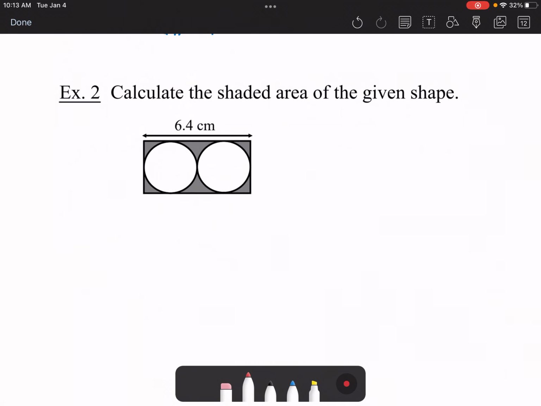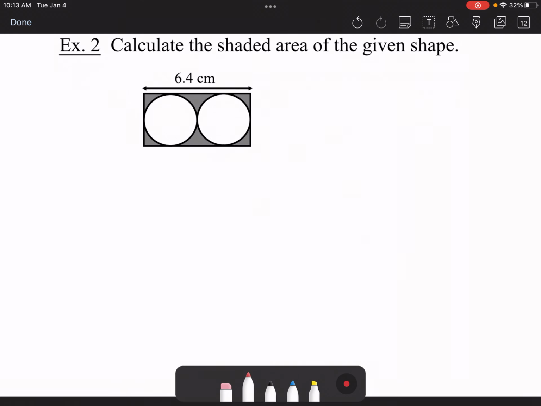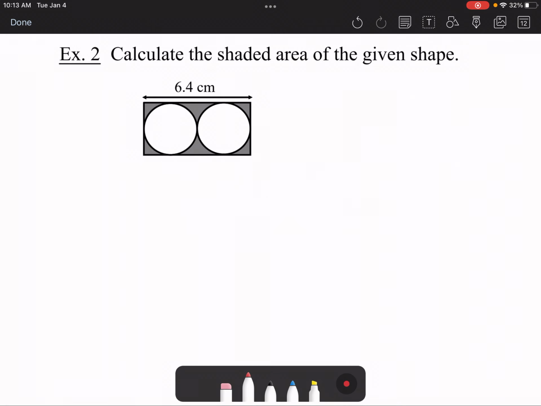Okay, let's take a look at this shape. Here we want to calculate the shaded area of this given shape. You might notice that this shaded area is actually a rectangle with two circles removed from it. So that's what I'm going to write out.